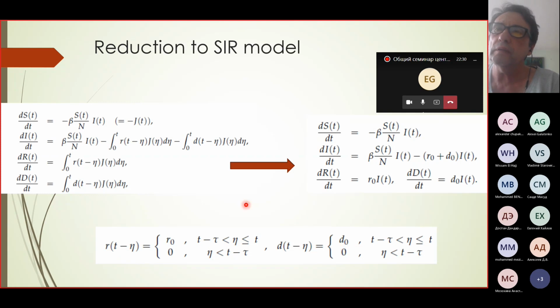The main point here is that we assume that these distributions are in fact constant. So we introduce the parameter tau, which is the disease duration, and we say that during the whole disease, the probability to recover is constant. The probability to die is also constant. If we make these assumptions, and if these constants are sufficiently small, and this is usually the case, then under these assumptions, we reduce this distributed model to the SIR model.